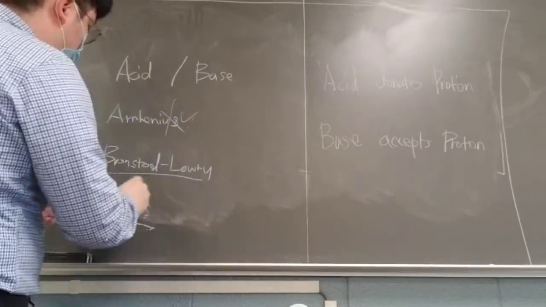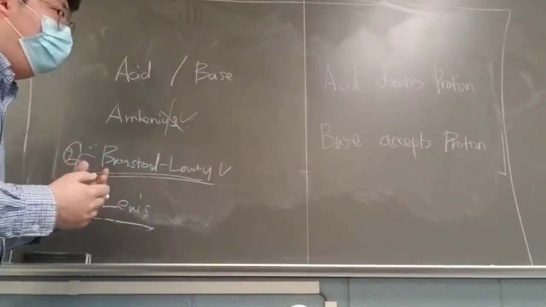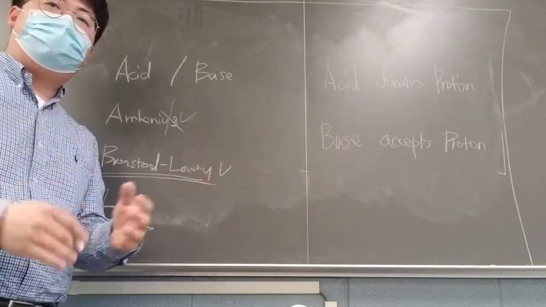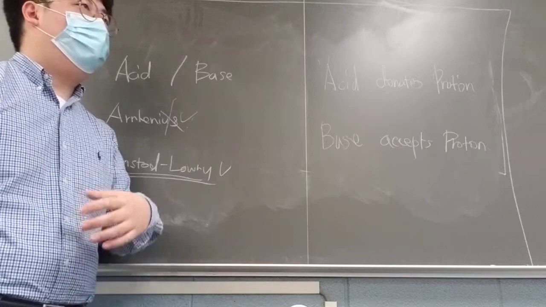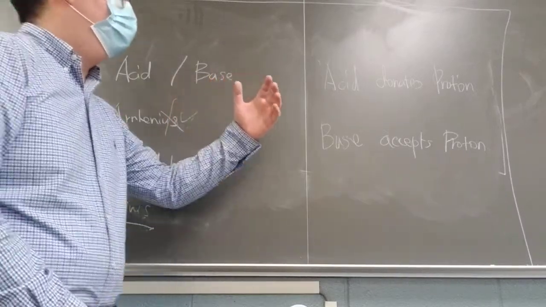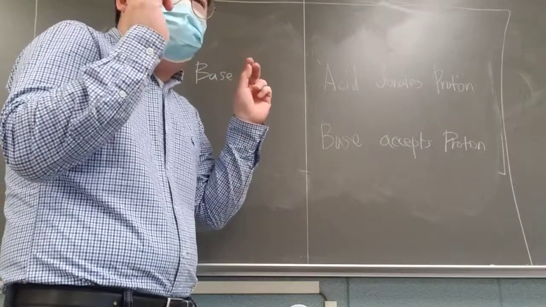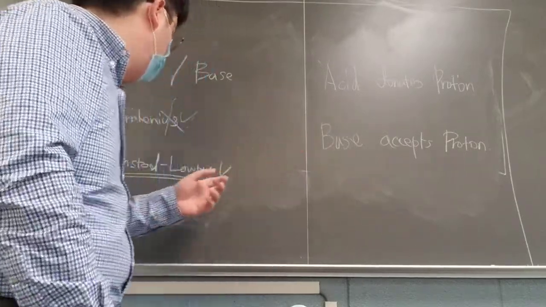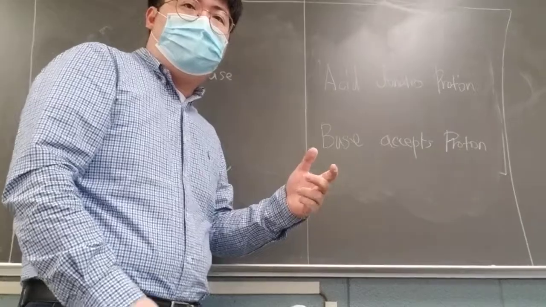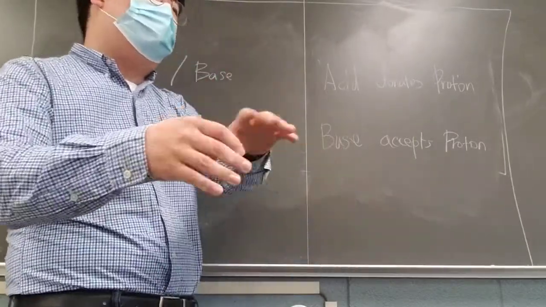But we use the Bronsted-Lowry more often because it actually makes most of the chemical reactions we do in the lab. The Lewis is the one that, when we get down to the very weak base, it's really hard to tell with the Bronsted-Lowry version whether it is obviously base or obviously acid.